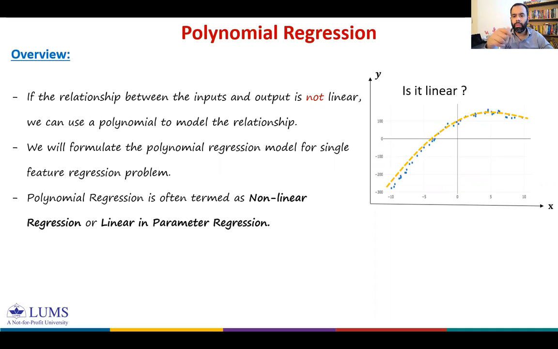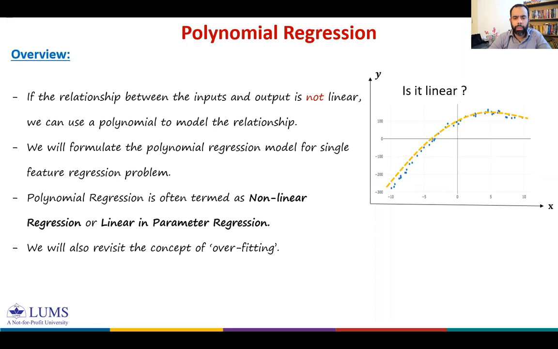In fact, we will formulate the polynomial regression problem as a linear in parameter regression problem, and this will help us in using the solution we developed for the linear regression problem. And in this video, we will also revisit the concept of overfitting. We will talk about a couple of solutions which we can employ to avoid overfitting in regression.